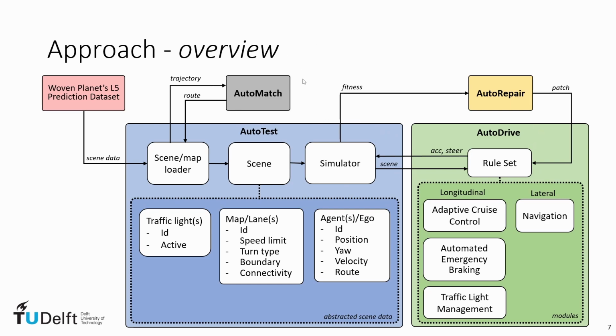And then AutoMatch is a necessary algorithm that I had to create in order to use the data from this data set. AutoMatch basically allows me to map a trajectory from an agent on a road network to a route that it has taken. This is not a trivial thing. But yeah, I hope it's a little bit of an overview, and I'll move on to the next slide.